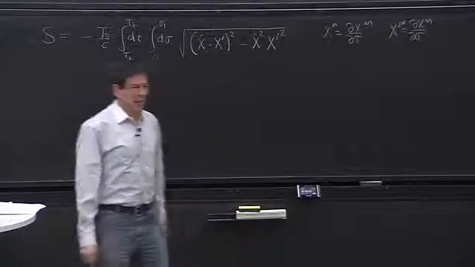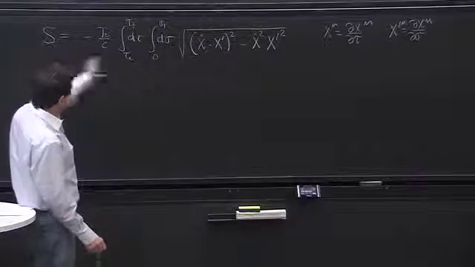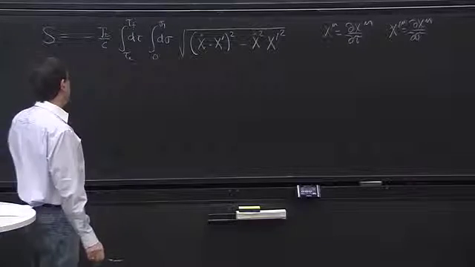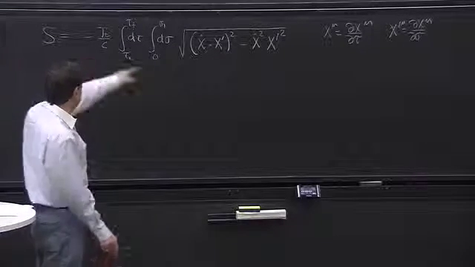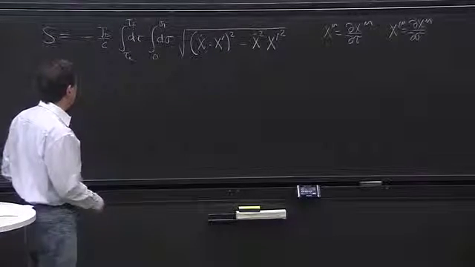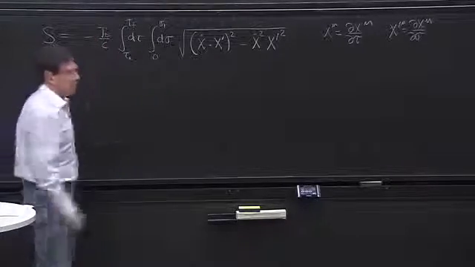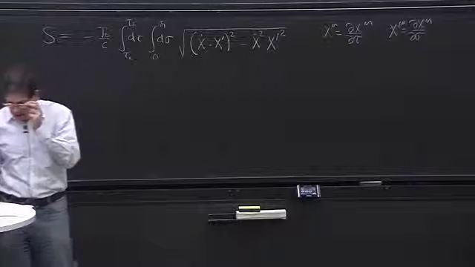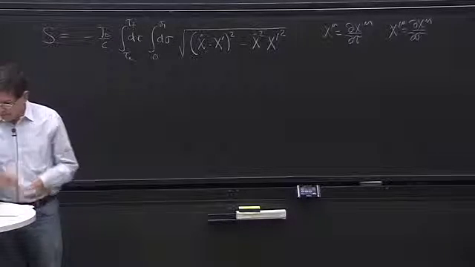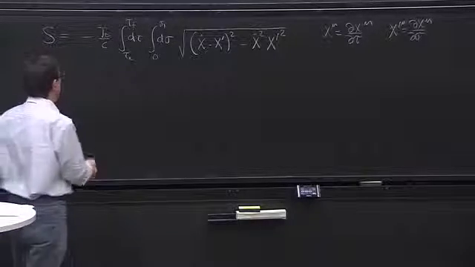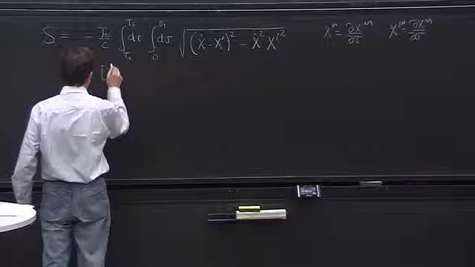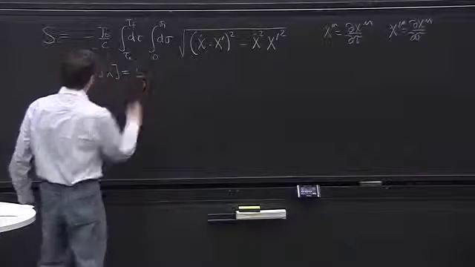So this formula is a key formula and basically defines everything we need to know about the theory. We've put this tension here, and the units work out correctly. The units of x's are length.